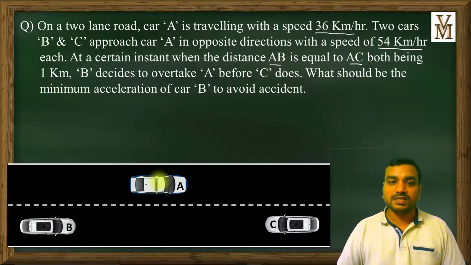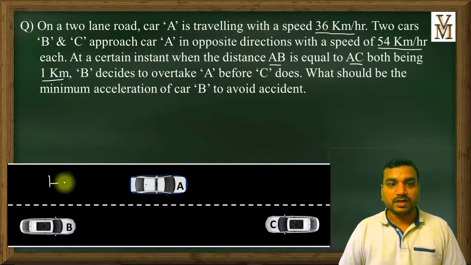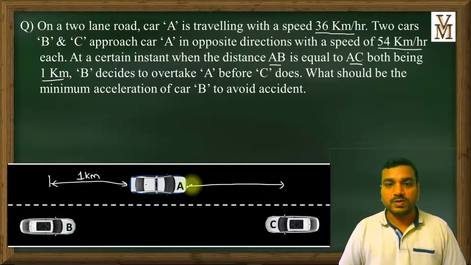That means the distance between car A and car B will be equal to car A and car C, and that distance will be equal to 1 kilometer, which is given here.